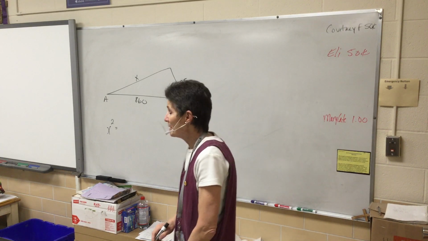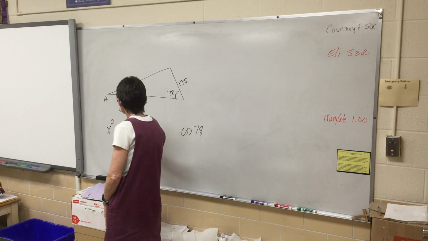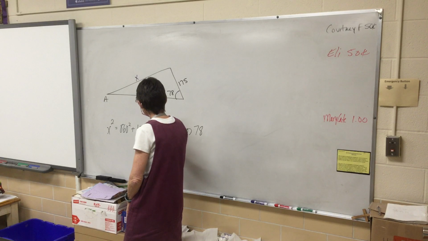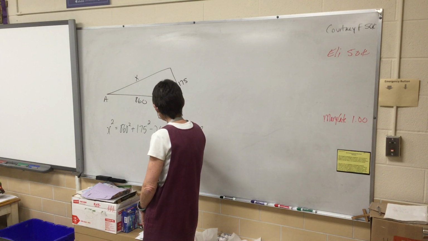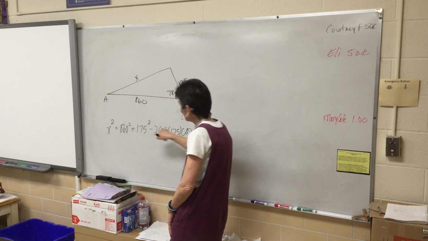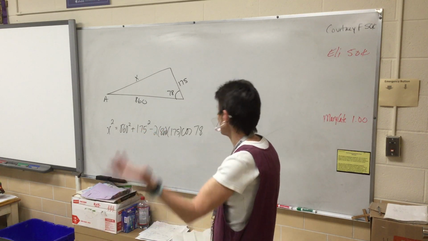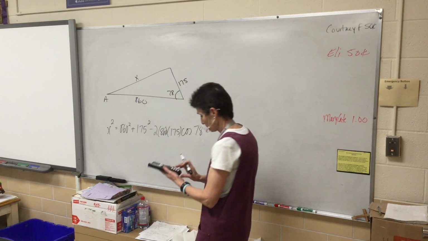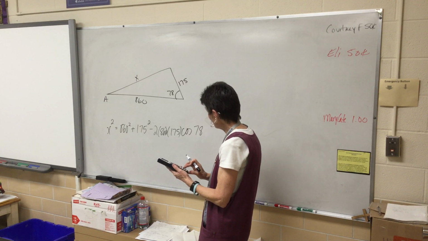What will be in the middle? Yeah, 860 squared plus 175 squared minus 2 times 860 times 175. The order of any of that doesn't matter. So I did 860 first, you could do 175 first. Makes no difference. Go ahead and type it in.